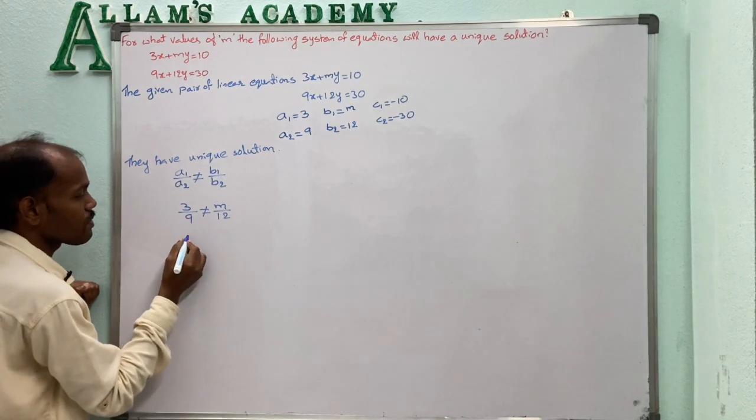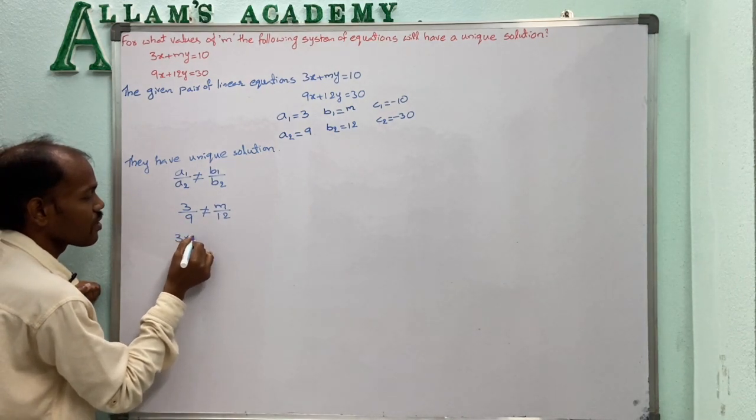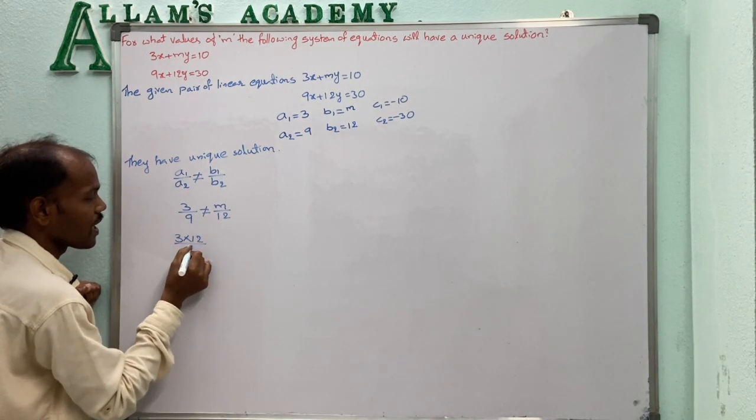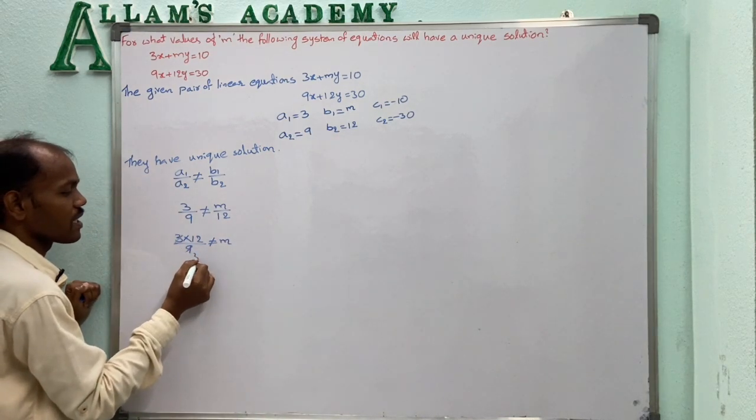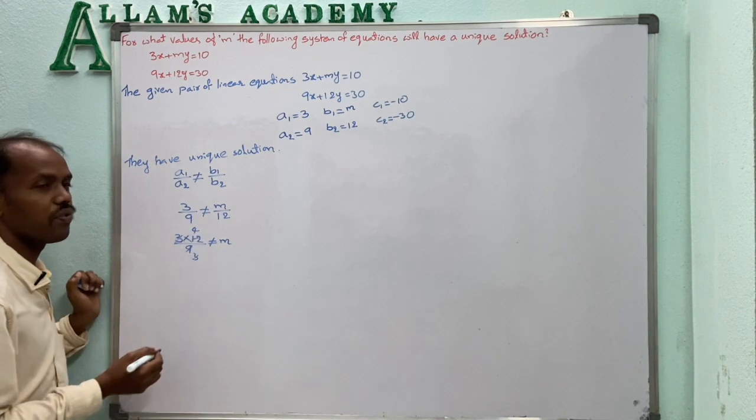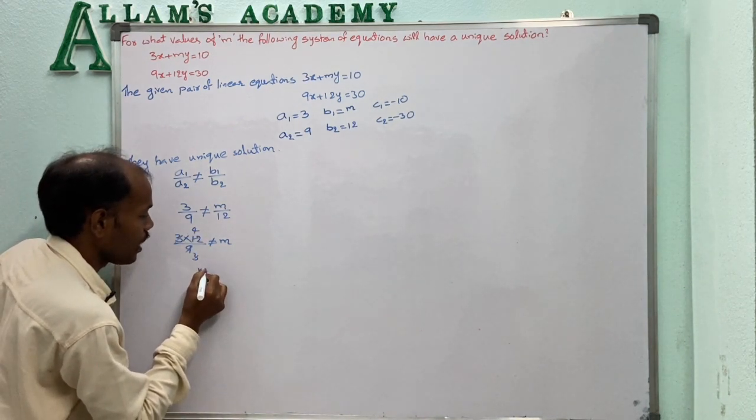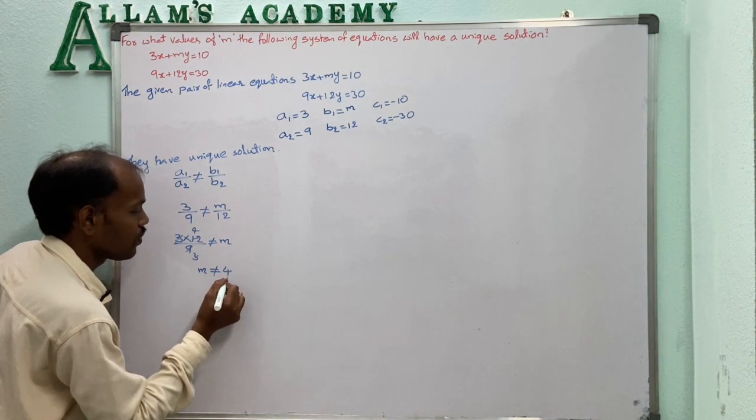By cross multiplication, 3 into 12 by 9 is not equal to m. 3 ones are 3, 3 threes are 9, 3 ones are 3, 3 fours are 12. That means m is not equal to 4.